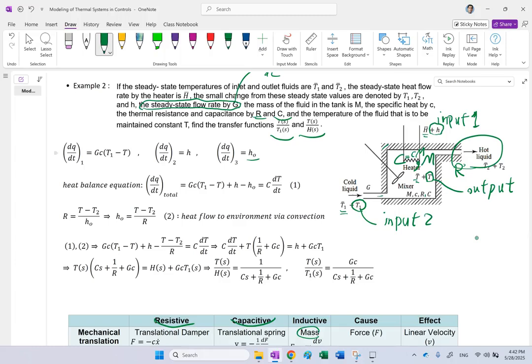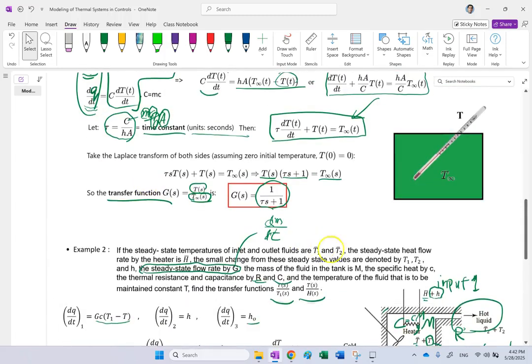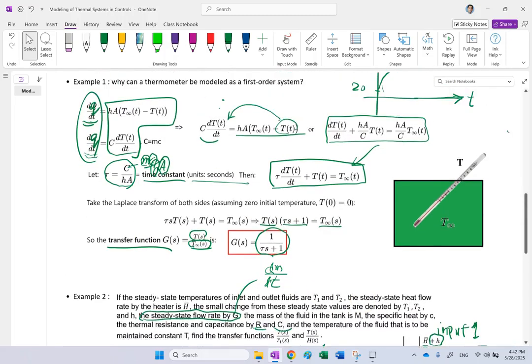The heat flux in, which is dq over dt1, is because of the inlet temperature change or difference between T1 and T. So GC(T1 minus T) is the inlet flow, right? And it could be negative if T1 is less than T, like in this case of cold fluid. That could be a negative number, it's fine.